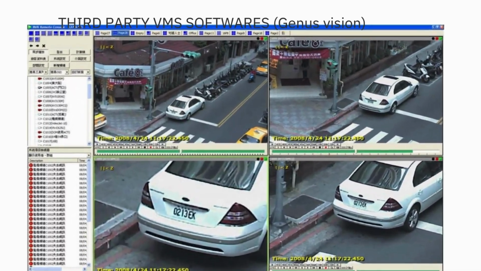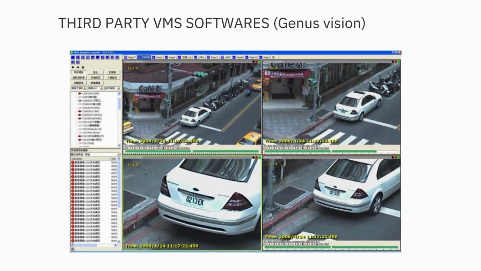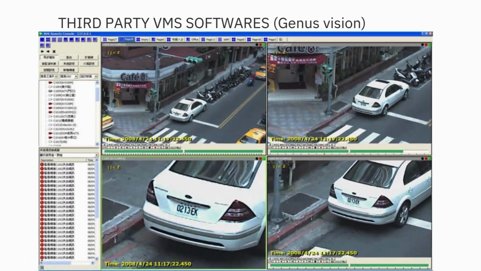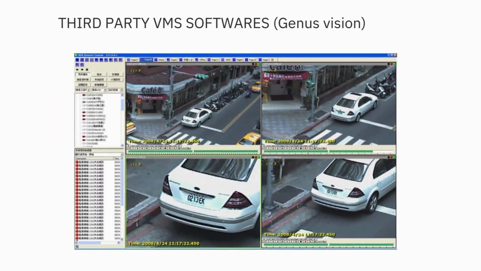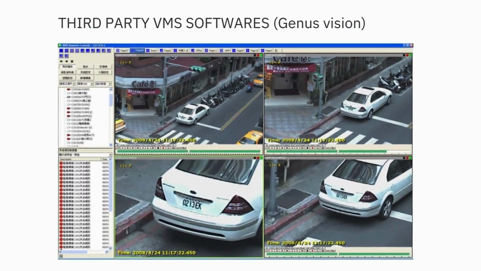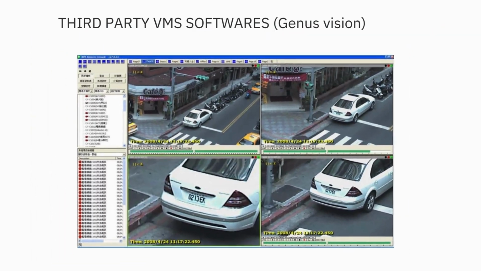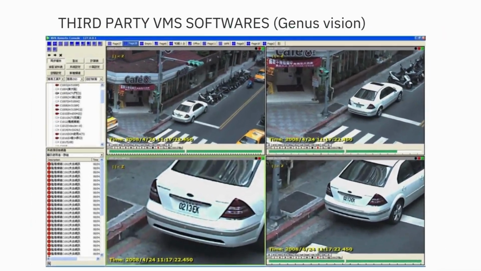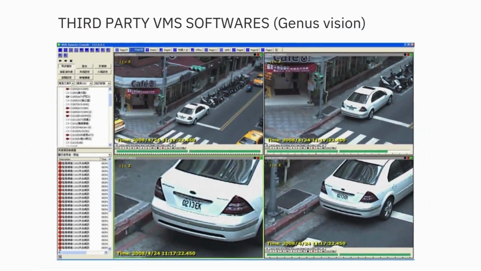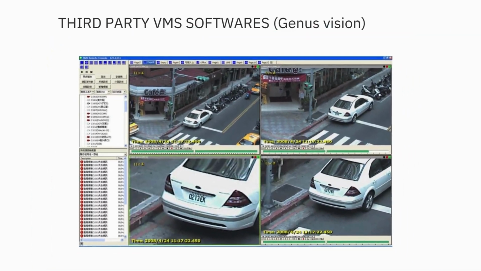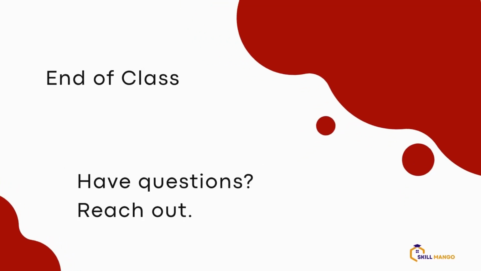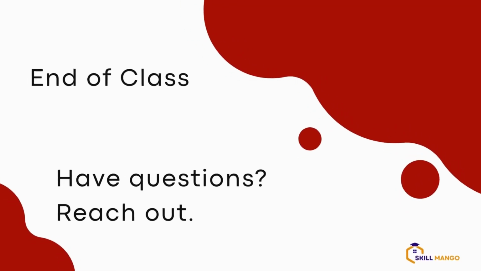I've worked with the VMS by Milestone. I've worked with this other one by Genius Vision. They will know that this person knows what he's saying, right? And that's an edge for you. But let it be practical, which we're going to be showing you in this course. All right. Thank you very much. This is the end of this particular lesson. I'll see you in the next lesson.